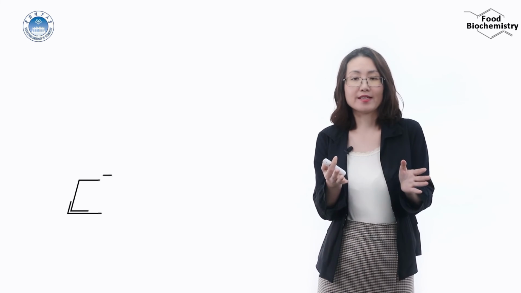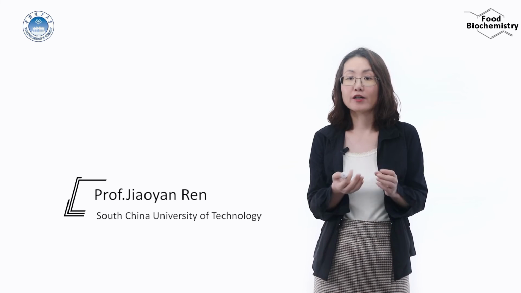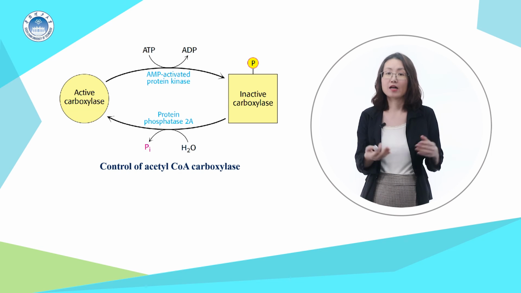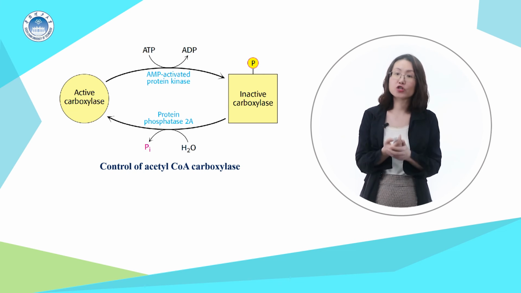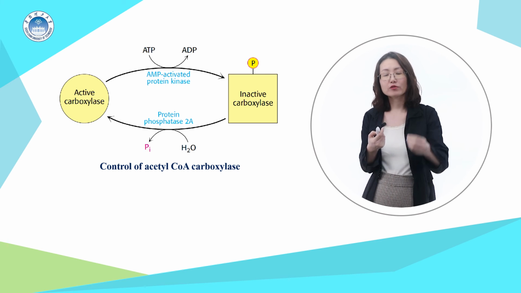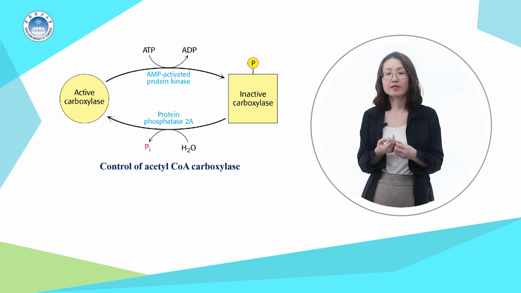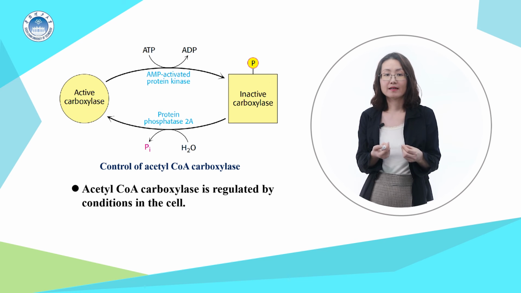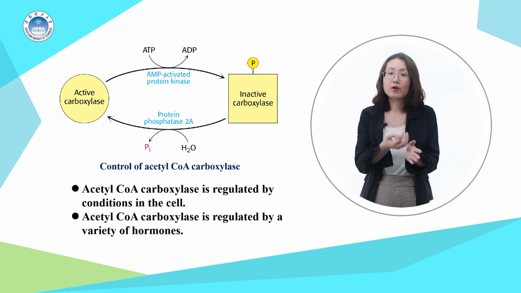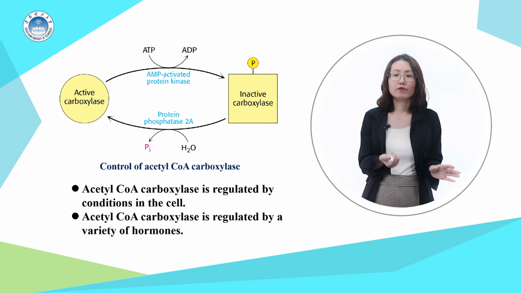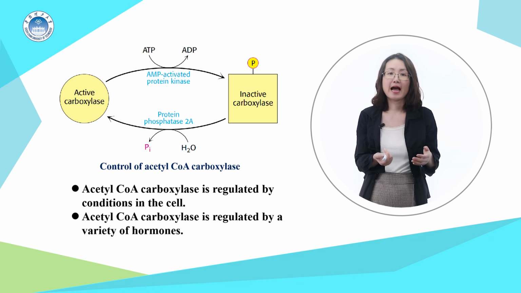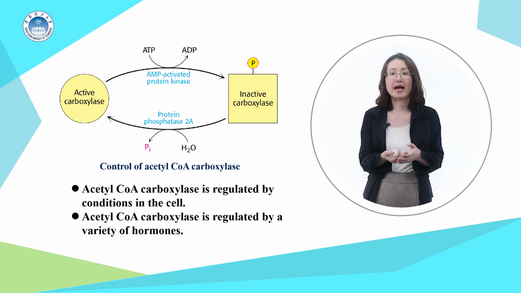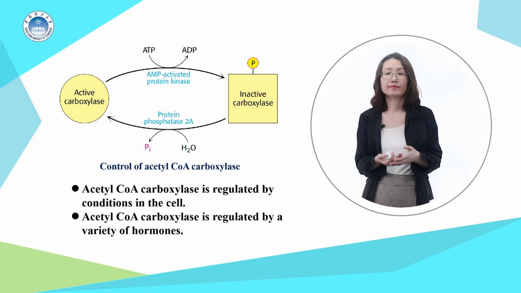Fatty acid synthesis and degradation are reciprocally regulated. Acetyl-CoA carboxylase, an essential control site, is phosphorylated and inactivated by AMP-activated kinase. Acetyl-CoA carboxylase is switched off by phosphorylation and activated by dephosphorylation.